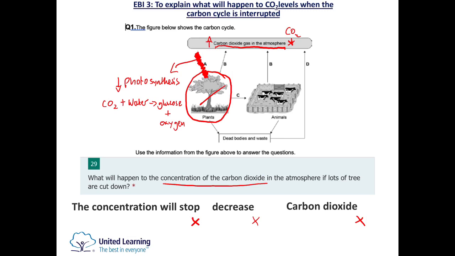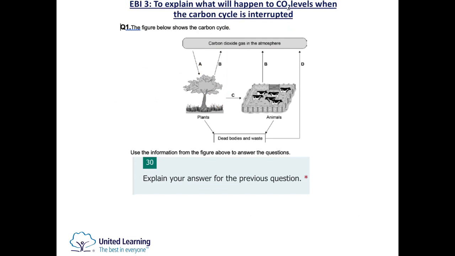It will increase because there are going to be fewer plants to take in that carbon dioxide, because this is no longer happening. So if you were to cut down trees, then carbon dioxide will increase, and this is the main reason here. Photosynthesis has been reduced. It's very, very important.